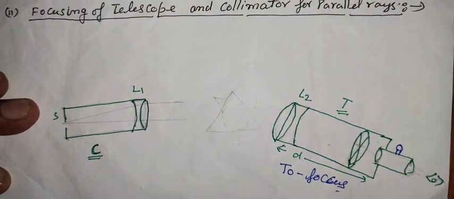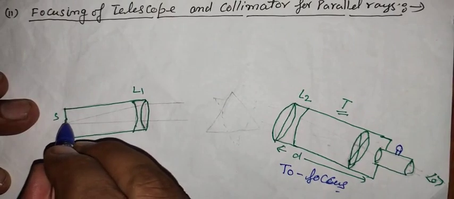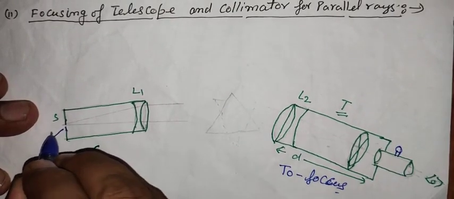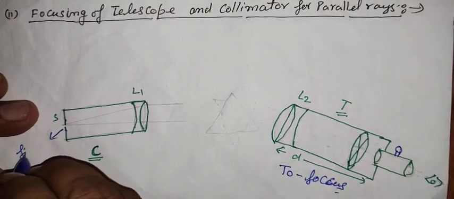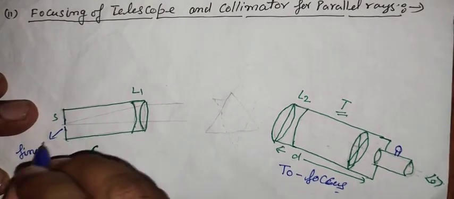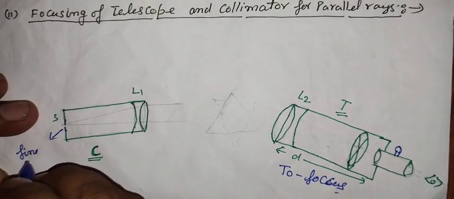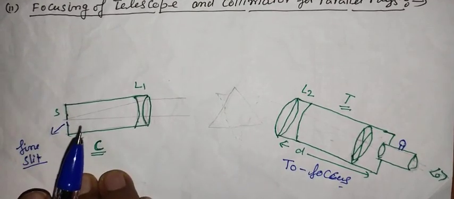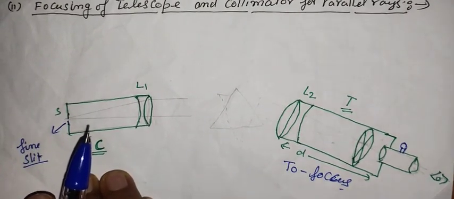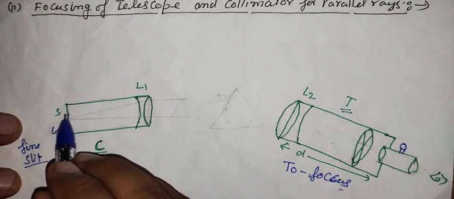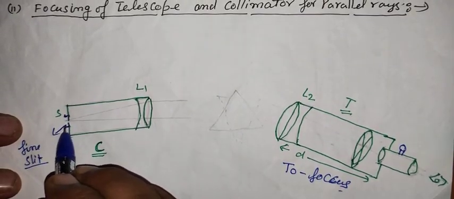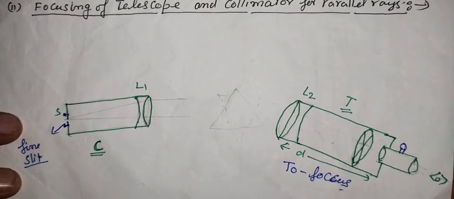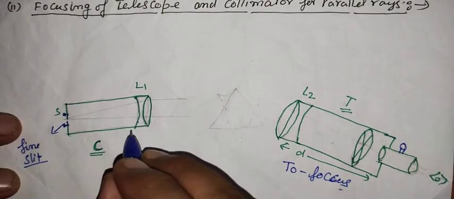In this collimator, we are keeping a very fine slit, which means the opening is kept as small as possible. Here the device screws are available to set the opening of the slit.